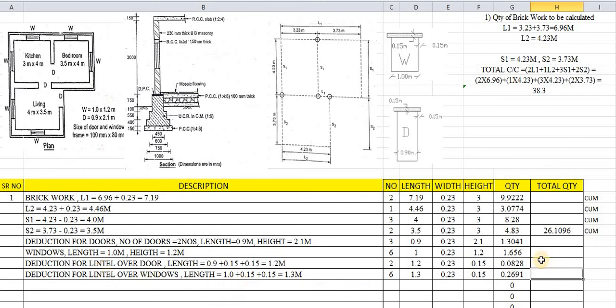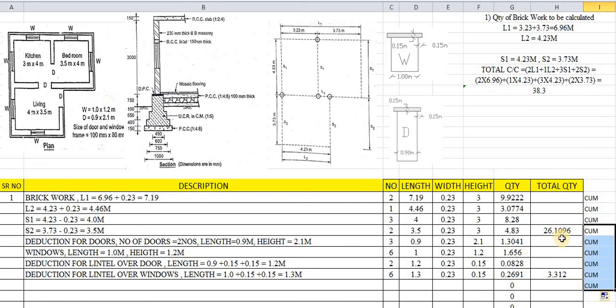The total quantities, here we will add this plus this plus this, sorry, we will start from this plus this. So how much quantity to be deducted for doors and window openings as well as lintel? This is nothing but the total quantity used for deductions, that is 3.312. So 3.312 is the quantity of deductions.